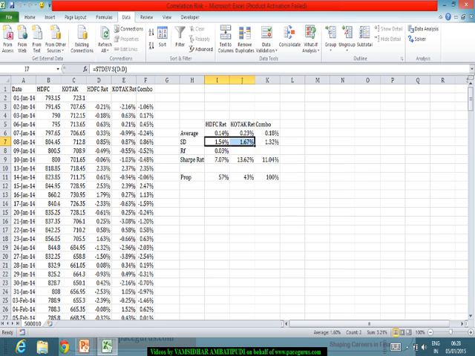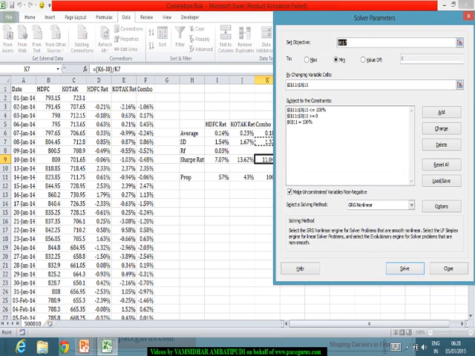But on the other side, look, I want to maximize this particular ratio. Instead of minimizing this, I want to maximize the Sharpe ratio. Let's try out.